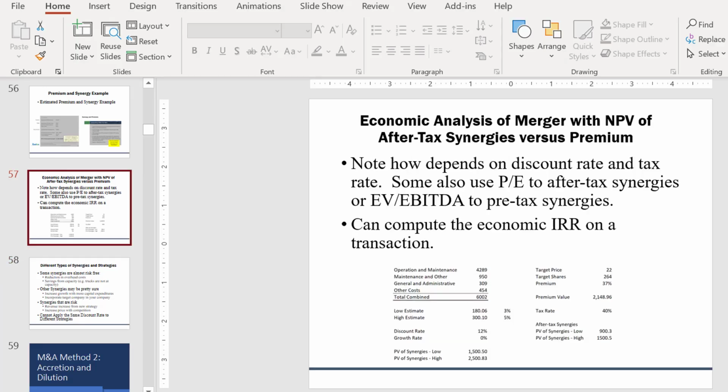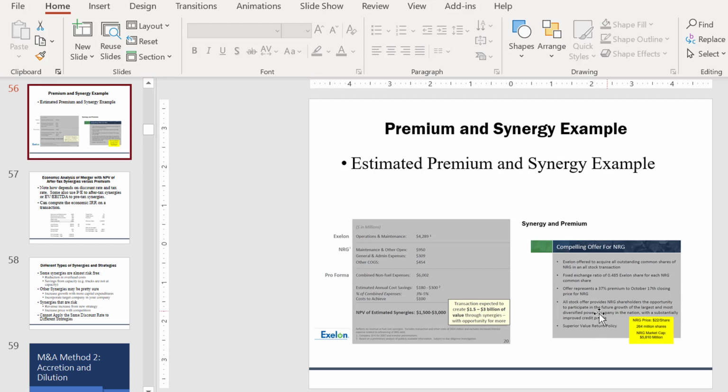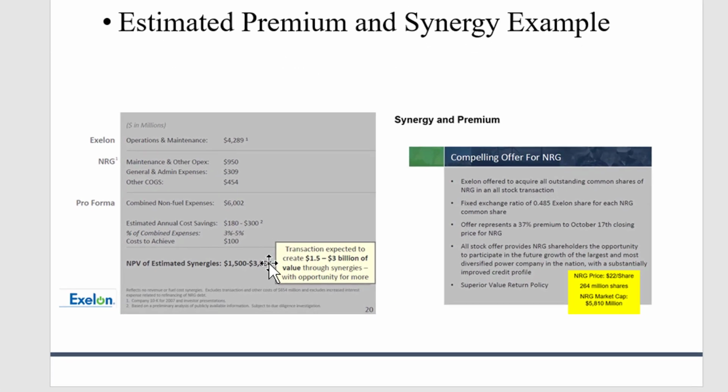And that case up here said, okay, we're going to get an NPV of synergies of between 1.5 billion and 3 billion.